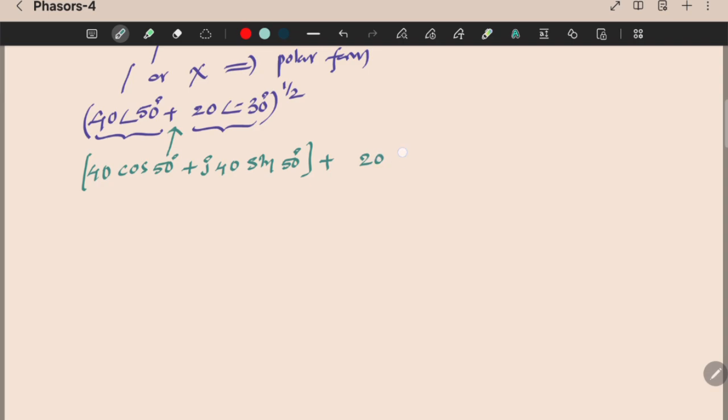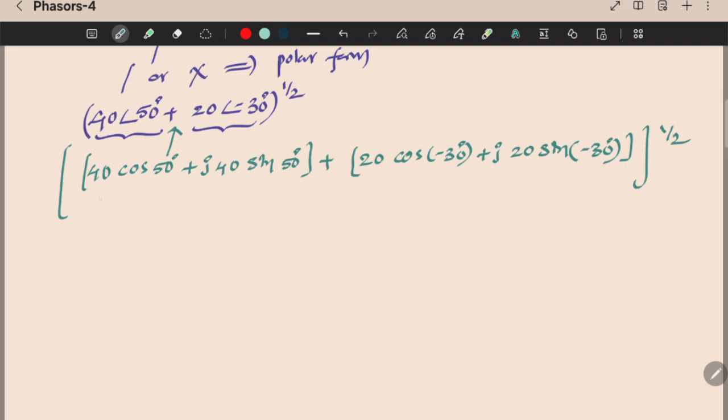That is 20 cos of minus 30 plus j 20 sine of minus 30. Now it is the rectangular representation of 20 at an angle of minus 30. So the whole power is 1 by 2.